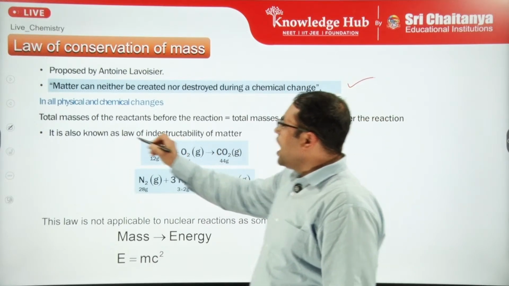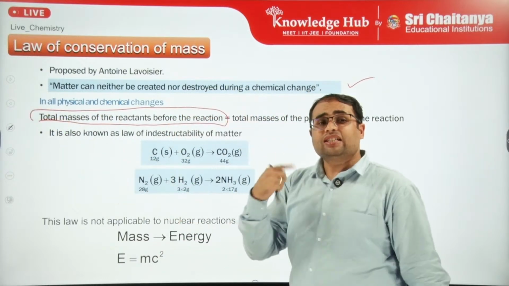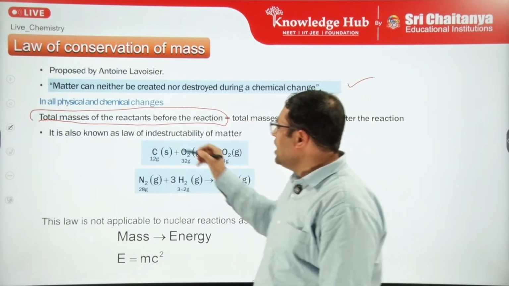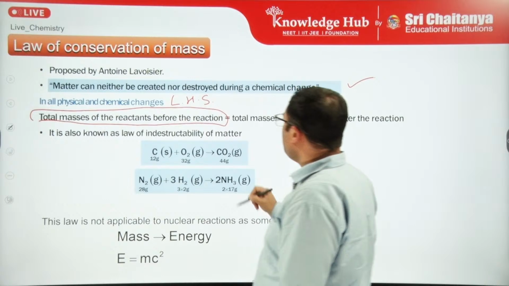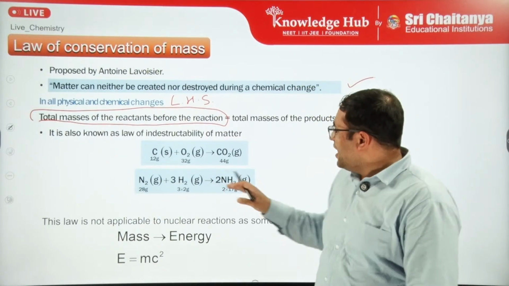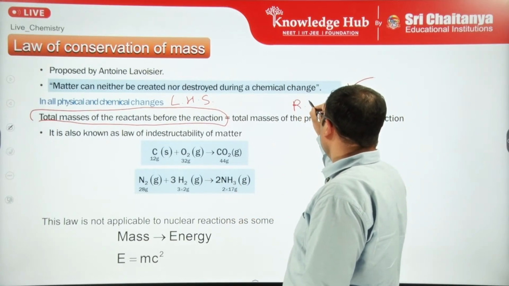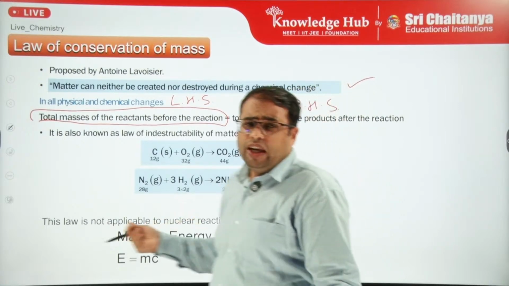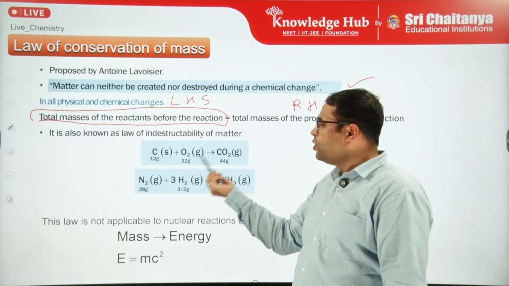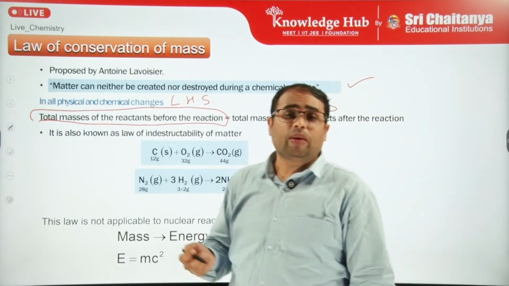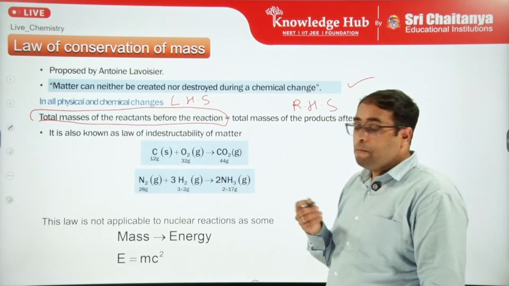It simply means that the total masses of the reactants before the reaction, which is nothing but your left hand side, and the total masses of the products after the reaction, which is your right hand side, should be equal. Simply add up the masses of the reactants on the left hand side and the products on the right hand side. Both of them should be equal. That is what I mean by the law of conservation of mass.